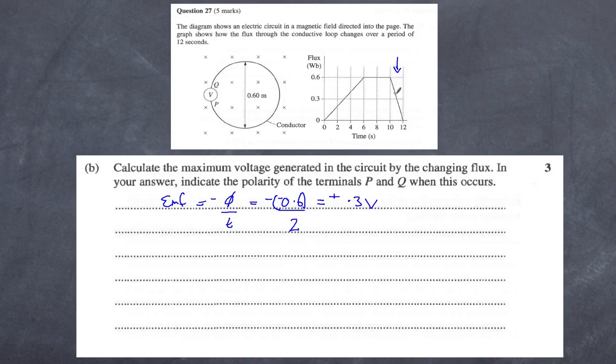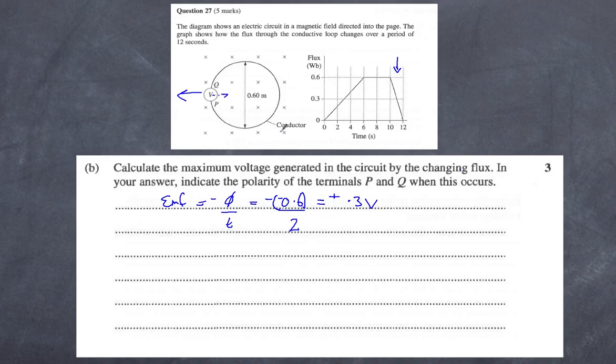Now, the fact that this is negative means we have a weakening flux. It's got to go weaker. So in that sense, these crosses are going to go further and further spaced apart. So in other words, we can say that these crosses are heading in that direction, which means relatively speaking, my wire is heading in that direction.